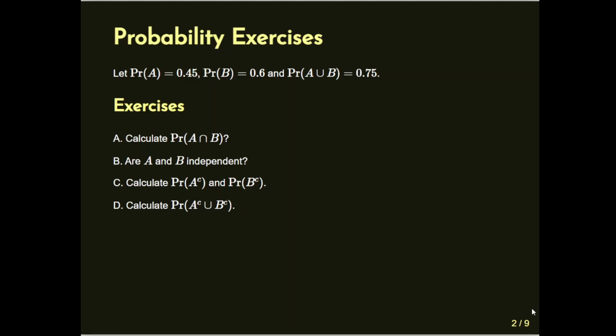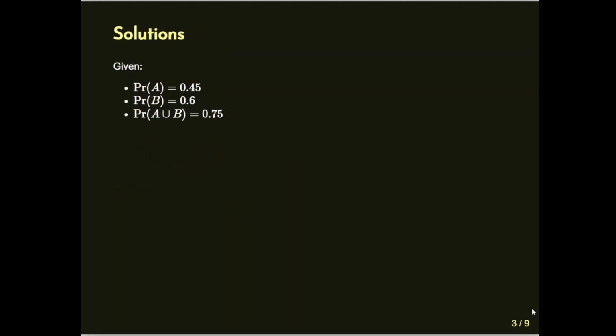Then C and D deal with the complement events of event A and event B. This is the probability of event A not happening and the probability of event B not happening. And then the probability of the complement of A union the complement of B. So we're given these pieces of information: the probability of event A is 0.45, probability of event B is 0.6, and the probability of A union B equals 0.75. So that's A happening, B happening, or both.